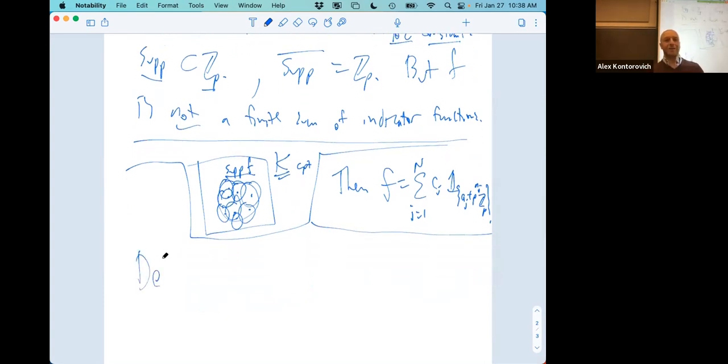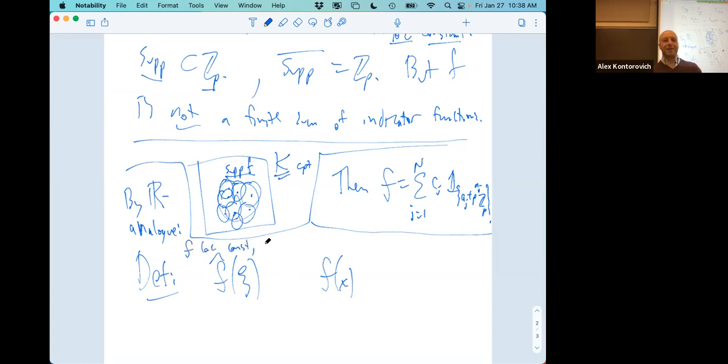So by analogy, we're going to define the Fourier transform of locally constant, compactly supported functions.